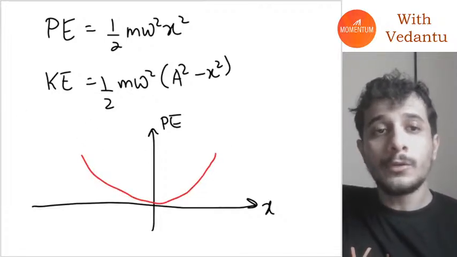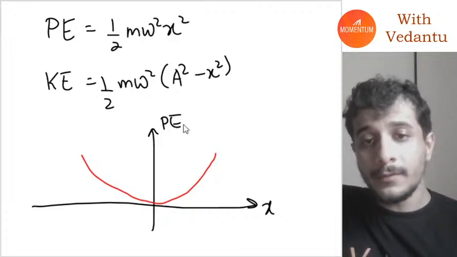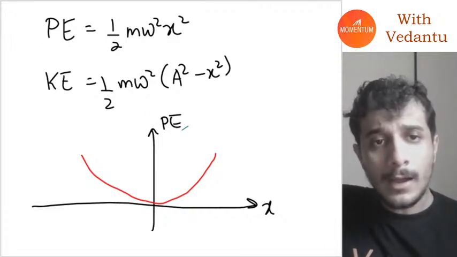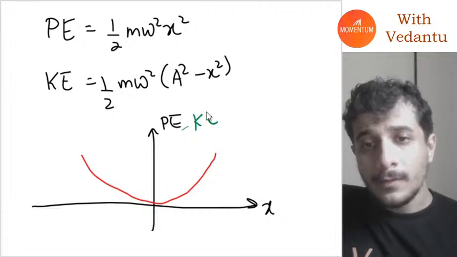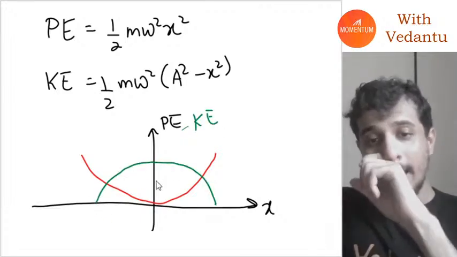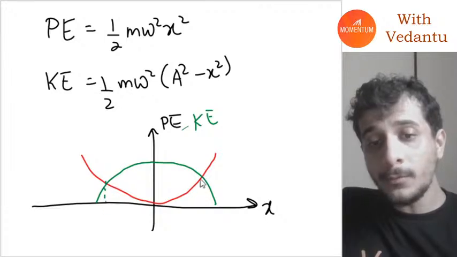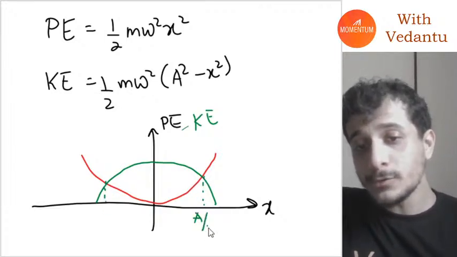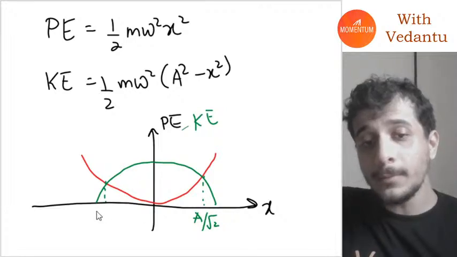And if you draw the graph of kinetic energy versus x, then that graph will look something like this. If you see, there are 2 points where potential energy and kinetic energy is equal. If you calculate actually using the formulas, this will be at a by root 2 and minus a by root 2.